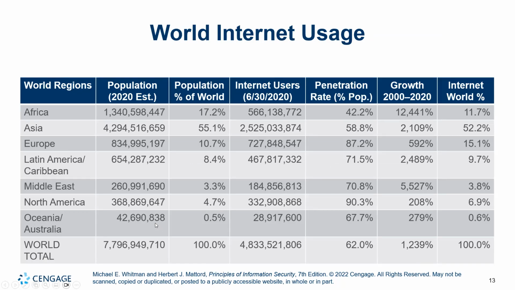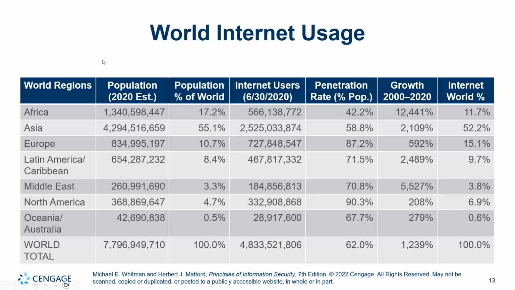So world internet usage. What you're going to find is that there are haves and have-nots. In many cases, many of our hackers are coming from regions in the world where the population isn't using the internet as much, but people are hungry. People need a good way to make a lucrative living, right?